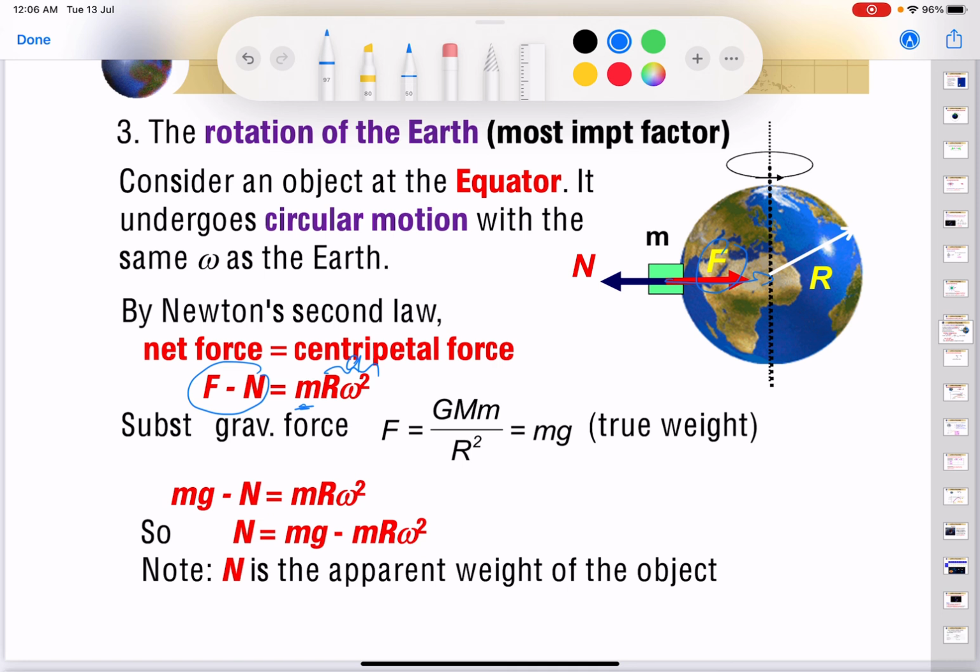And as I've explained in the previous slides, N is the apparent weight and mg is the real weight. So there is a difference. In this case, the apparent weight is smaller than the real weight because of this negative mrω² term.